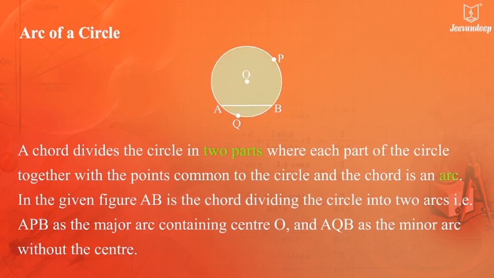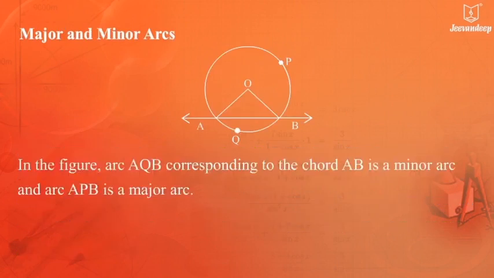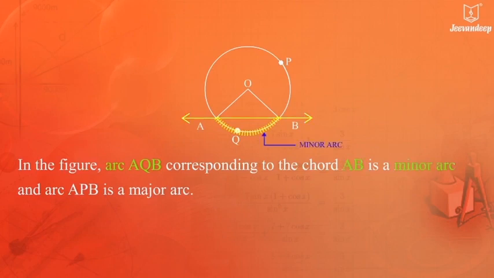In the given figure, AB is the chord dividing the circle into two arcs, that is, APB as the major arc containing center O and AQB as the minor arc without the center. Major and minor arcs. In the given figure, arc AQB corresponding to the chord AB is a minor arc, and arc APB is a major arc.